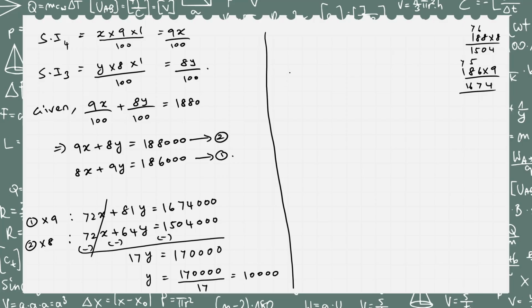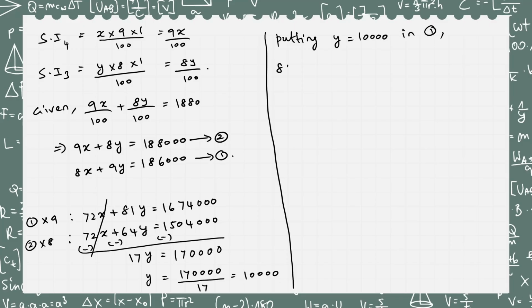Using y's value in any of the equations, we can find the value of x. Putting y equal to 10,000 in the first equation, we get 8x plus 9 into 10,000 equal to 1,86,000, right?